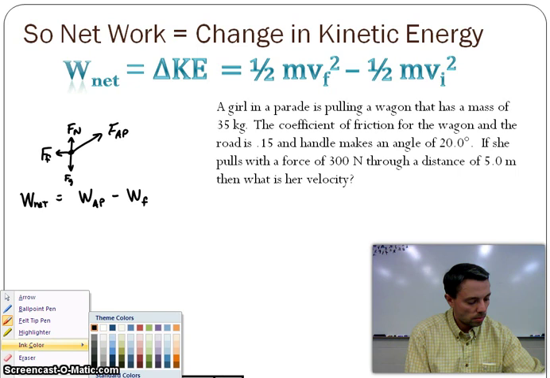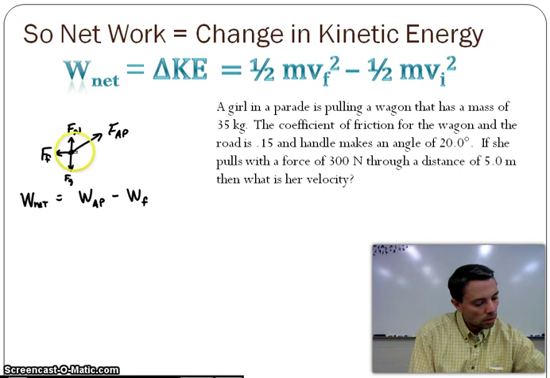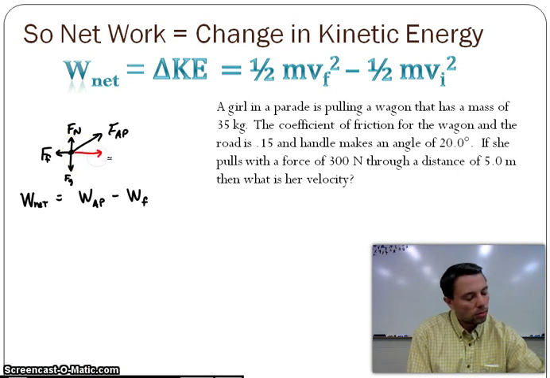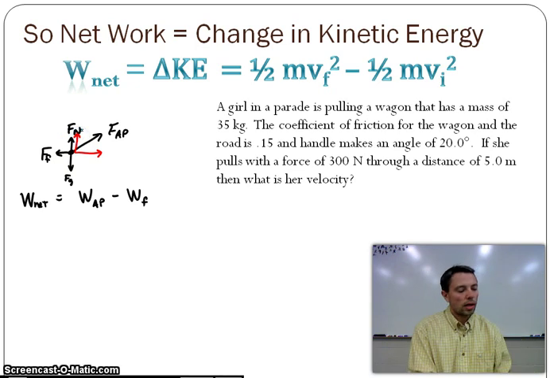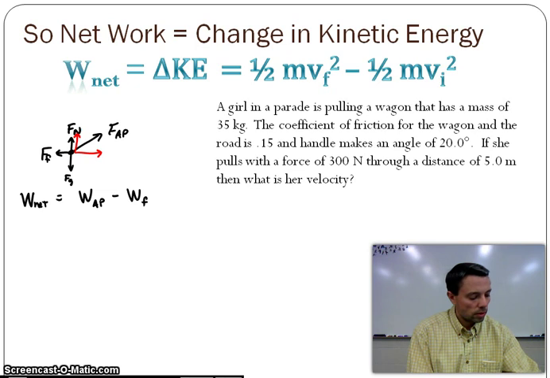My applied force would be looking at this right here as well as this right there. So I have two forces that I have to contend with. So this is good practice based on what we were learning from last time.